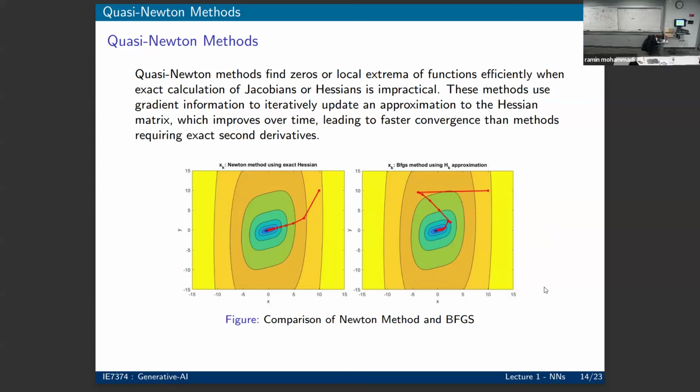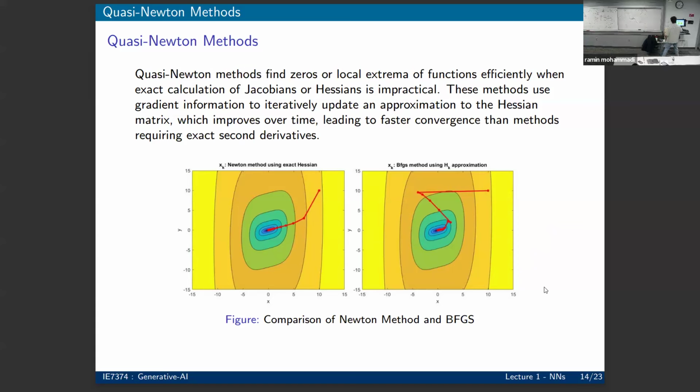So the quasi method tries to iteratively approximate those Hessian values and Jacobian rather than computing them at once. At once means you take a derivative and you have the Hessian. This one approximates it slowly, gradually. So that's the quasi-Newton method.